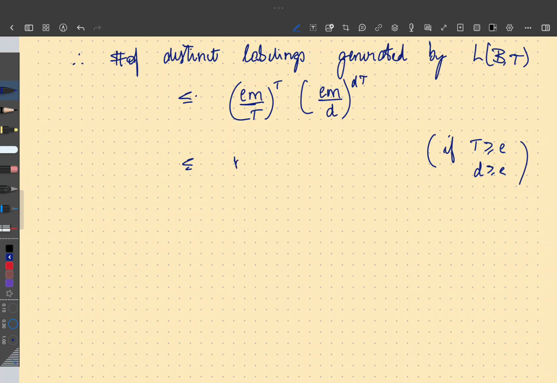So this is at most m to the power t times m to the power dt, which is m to the power of t times d plus 1. So for any set x1 through xm, this is the maximum number of distinct labelings that can be generated. Can't be any more than this. For this to be a set that is shattered by the hypothesis class, what should this be equal to?